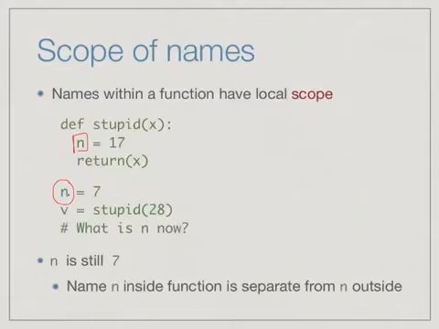But sometimes it is useful to have this separation, because very often we do use common things like i, j, k to run through lists, ranges and things like that. It would be a nuisance if we had to remember to use i outside and j inside and make sure that they don't interact. But since they don't interact anyway, we can freely use i and j wherever we want and not worry about the fact that we already have an i or a j outside in the calling function.